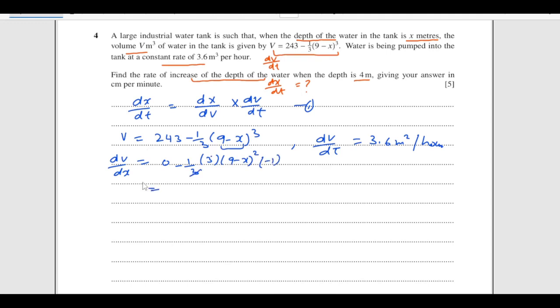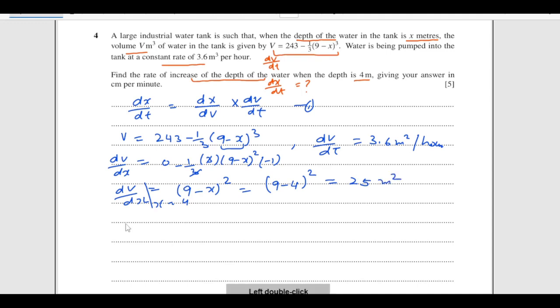So the 3 and 3 cancel, minus and minus becomes plus, so this becomes (9 minus x) squared. So this is our dV over dx. At x equals 4, this becomes (9 minus 4) to the power 2, that is 25 meter squared.